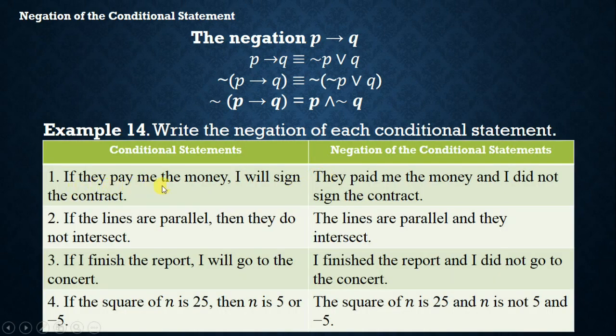If they pay me the money, I will sign the contract. So the negation of this conditional statement is: they paid me the money and I did not sign the contract.